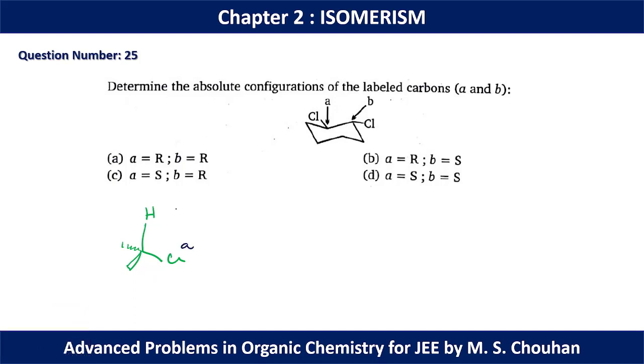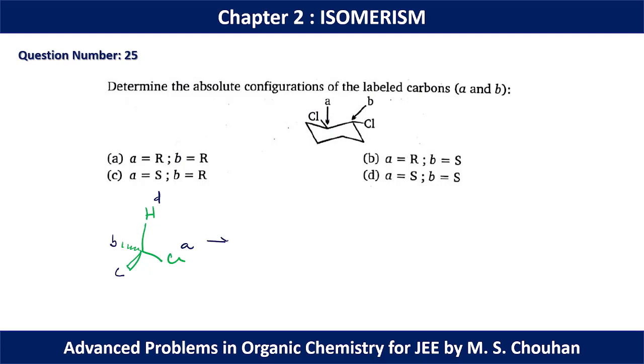So chlorine is the first priority, H is the last priority, this bond is above the plane, and this bond is below the plane. Now the below-the-plane bond is a higher priority because chlorine is attached in that bond. So this is priority B and this is priority C.